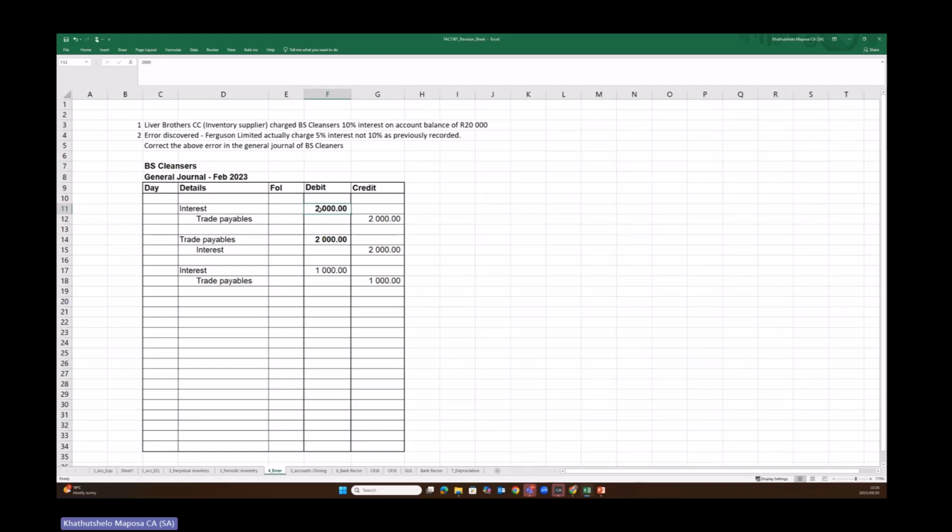And we call it trade payables. On the trade payables T account, we're going to have an amount in the credit side of 2,000. And at the end, we'll record all these transactions. Repeat what has been done wrong, reverse it, and record the correct transactions.